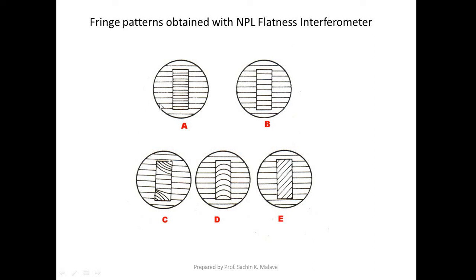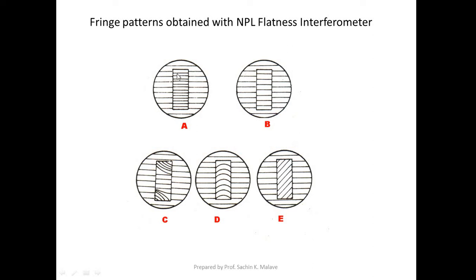What is the pitch? Pitch is nothing but the distance between two adjacent fringes. This is the pitch for the base plate, and this is the pitch for the fringes because of the gauge surface.